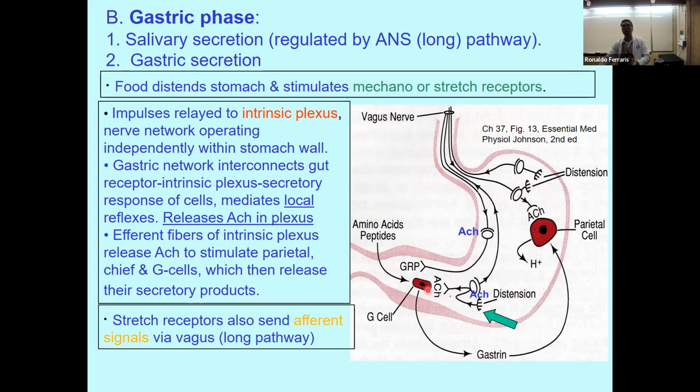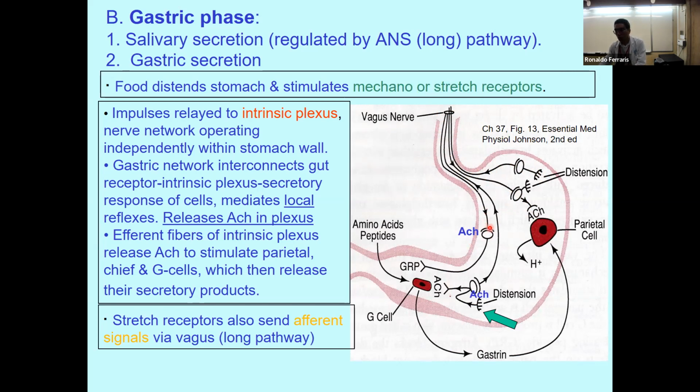At this stage, you can cut the vagus nerve and you can still happily have relatively normal function. However, some stretch receptors actually connect with vagal afferents. So those signals go up to the central nervous system, and then they come down and release acetylcholine here, releasing acetylcholine there. And then this long reflex releases acetylcholine in the interneuron that is innervating your G cell.